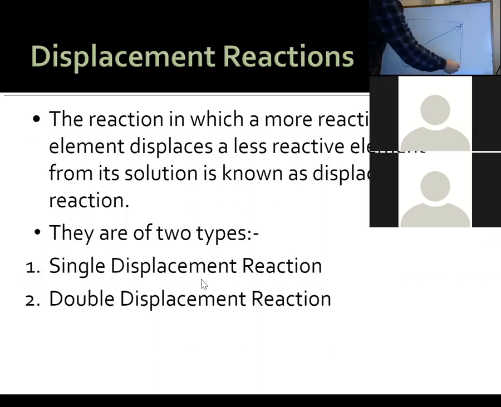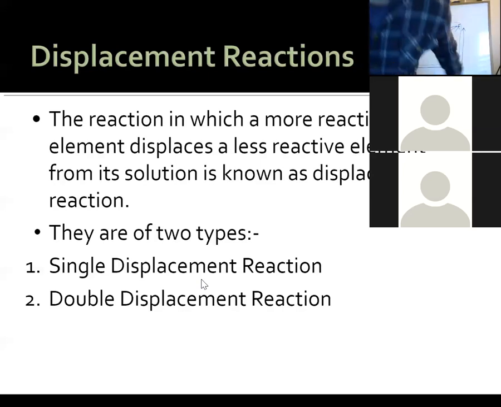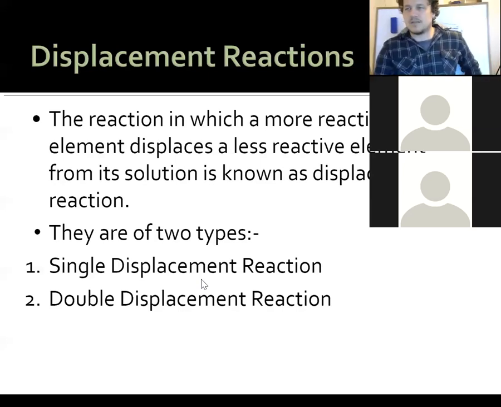And this reactivity goes in a trend that looks something like this. So if an element is over here and one is over here and it's in a reaction, then this element will likely take the place of the less reactive element in a single or double displacement reaction.